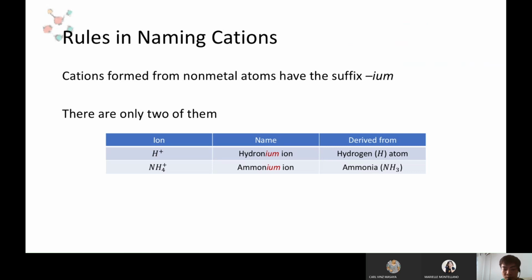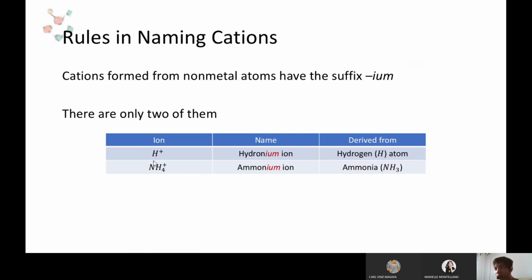So again, back to the rules. The last rule for naming cations is this one, and it's fairly easy. We have two non-metal cations, and you have to remember them.